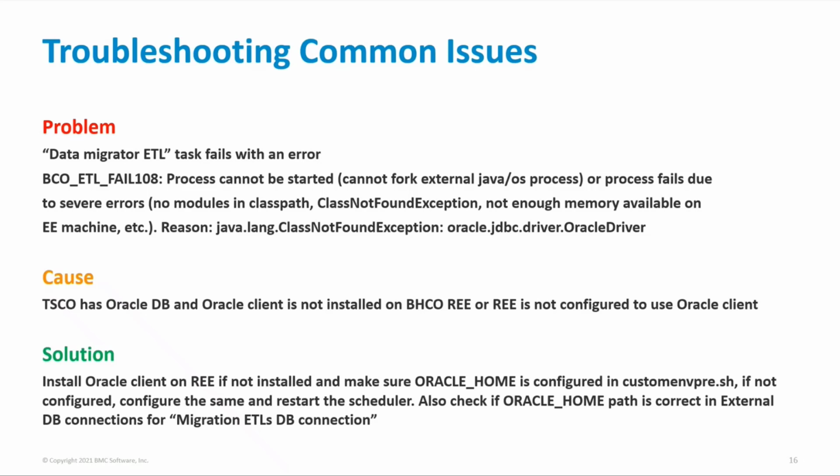In that case, make sure that the Oracle client is installed and configured as part of the script custom envp.sh. Also, after your system migrator task is finished, as I showed before, we have to verify in the external DB connections that the Oracle home path is where the Oracle client has actually been installed on the remote ETL engine.